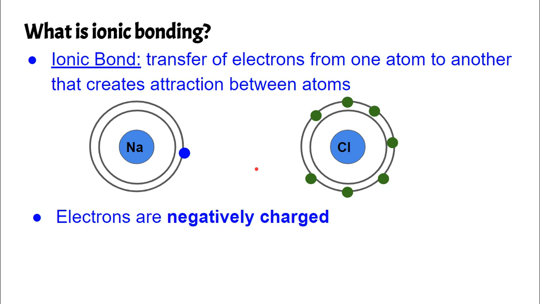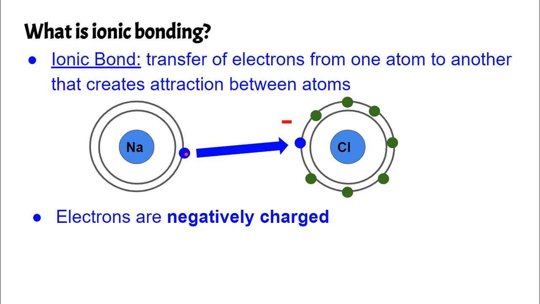Keep in mind here that electrons are negatively charged. So to form an ionic bond, our sodium atom is going to donate its 1 valence electron to chlorine. So because our electrons are negatively charged and chlorine just got an extra electron, chlorine is going to have an overall negative charge now because it got an extra negative charge from the donation of this electron.